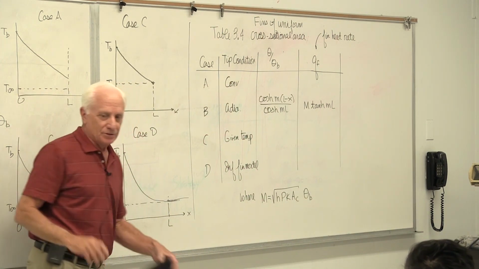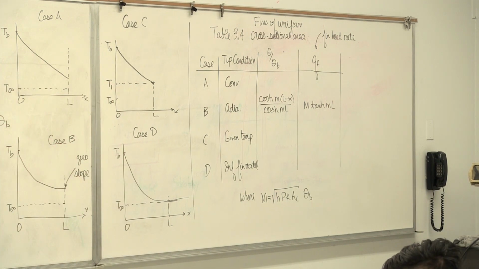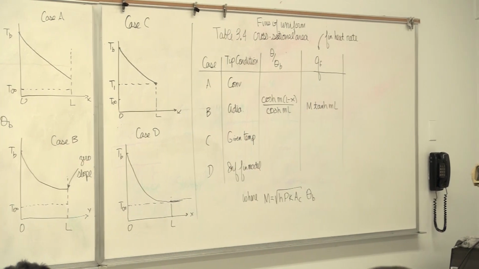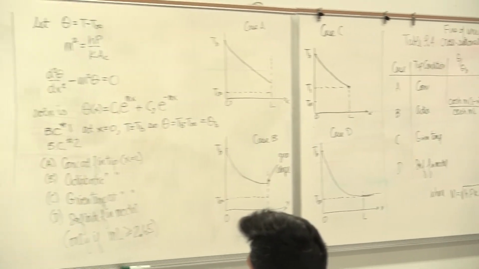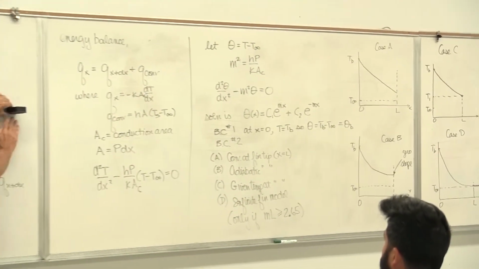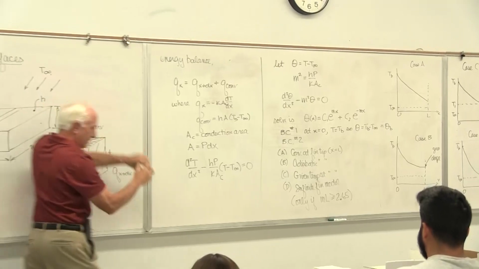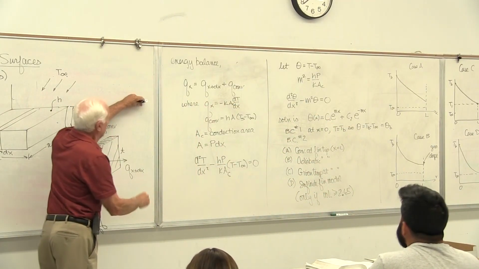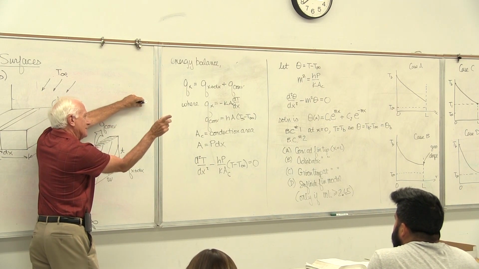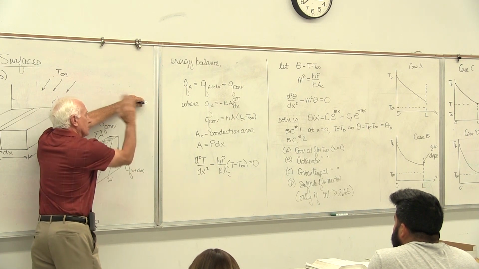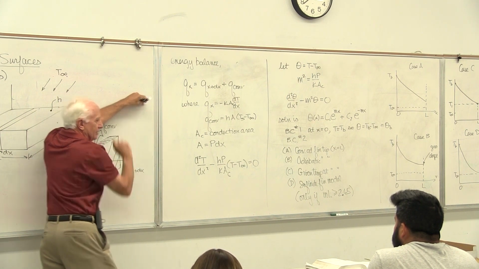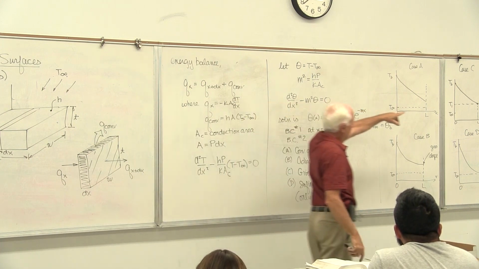If you slice the fin normal to the x-axis, here's the fin coming out of the wall, get a knife, slice through, slice through, slice through, the area here will not change as x goes from 0 to L. If you take a pin fin, x is that way, slice normal to the x direction, circle, circle, circle, circle, circle. It didn't change. That's called a uniform cross-section.